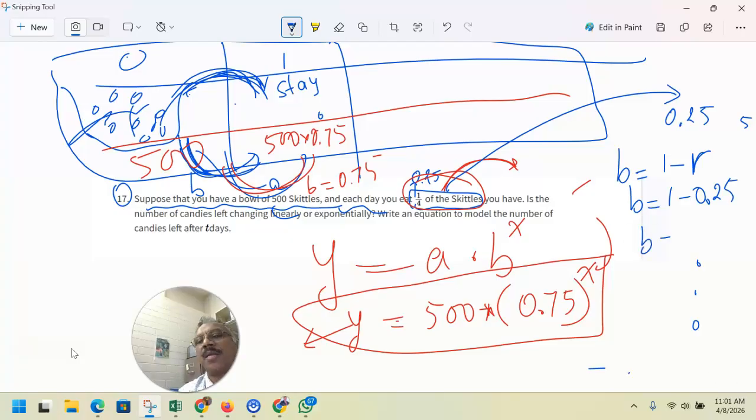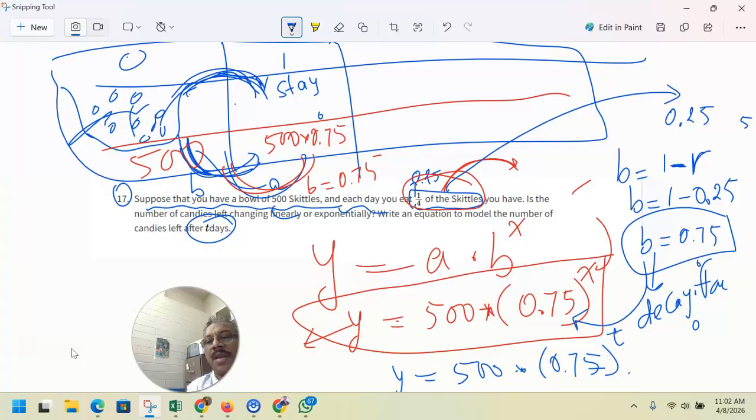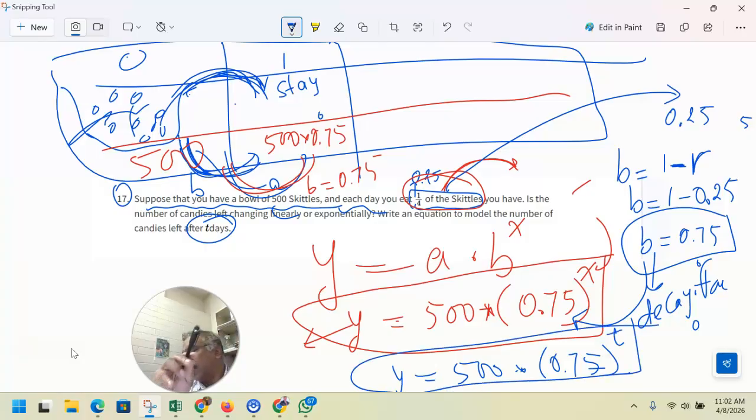And when you subtract this, you get 0.75. And that's what goes here. So this time, this is a decay factor. I hope I'm making sense. And because it's asking you about t, you could change this problem to 500 times 0.75 raised to t. That's all it means.